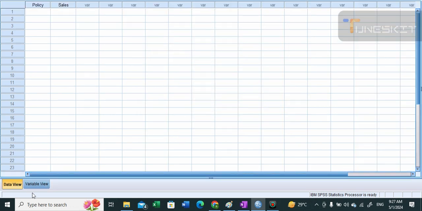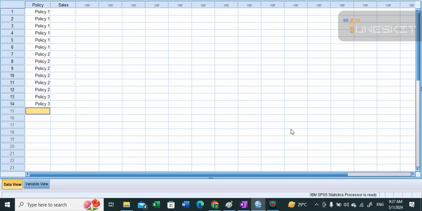And if we look at the data, 6 stores have followed policy 1, so we need to enter 1 six times, and 2 six times, and then 3 six times.